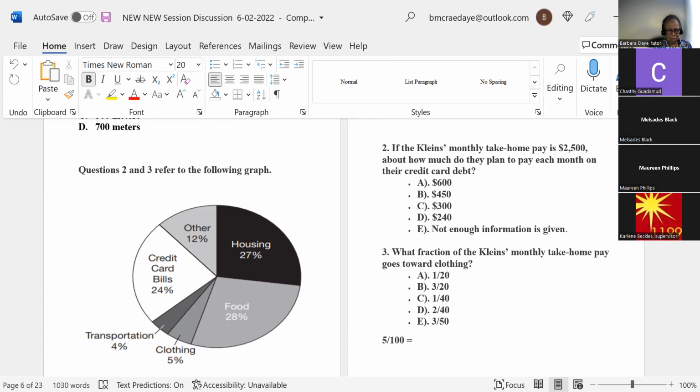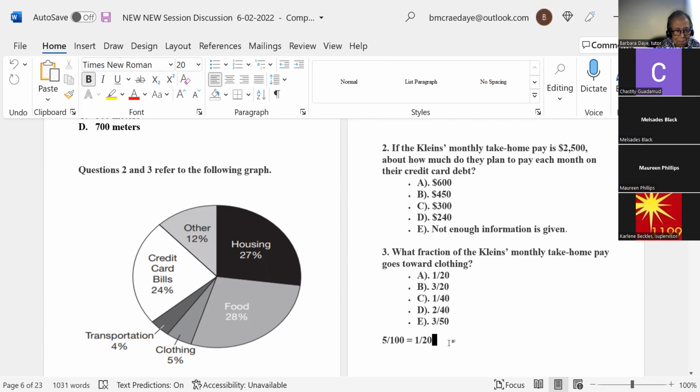Maureen, you know 5 over 100 is what to the lowest term? 1 over 20. That's right, 1 over 20. Very good. You just divide the numerator by 5 and the denominator by 5, Mercedes. Divide 5 by 5, you get 1, and divide 100 by 5, you get 20.